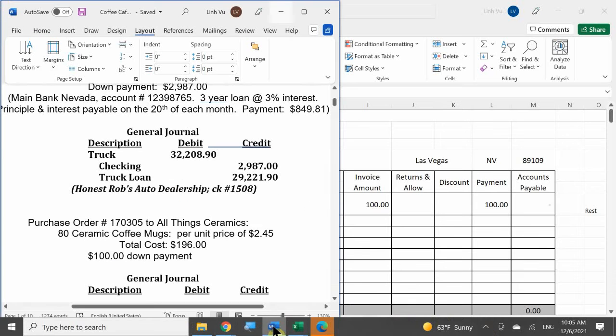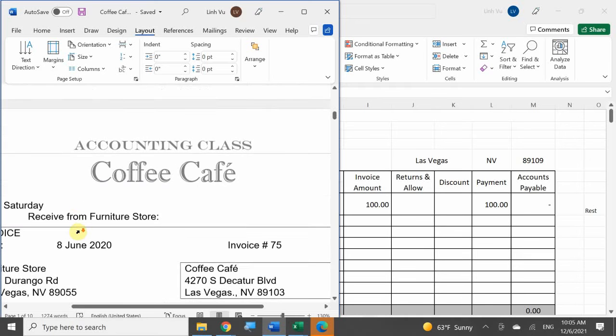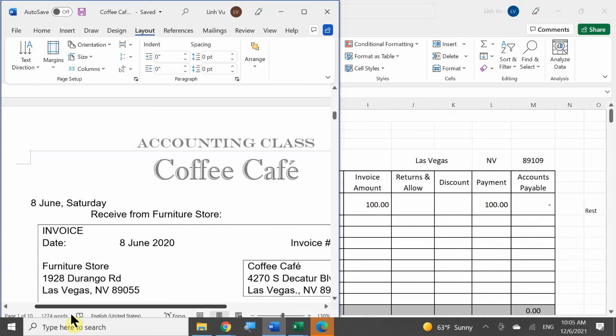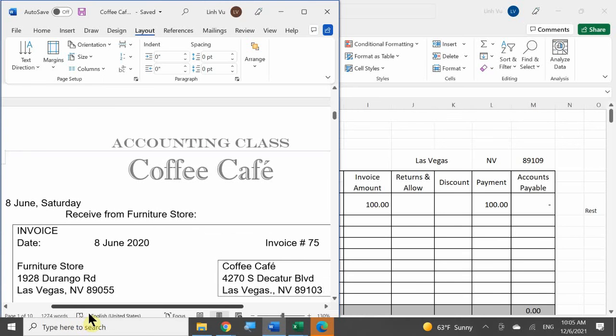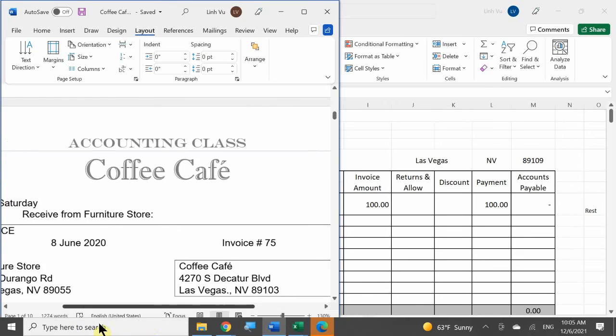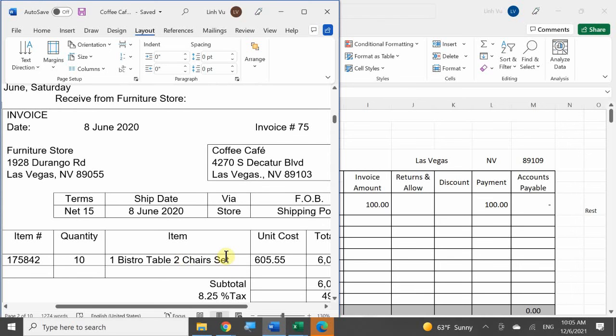So then let's see what has happened next. Okay, we're still on June 8th, Saturday. We finally received something from the furniture store for invoice number 75, and it's for the 10 sets of 1 bistro table and 2 chairs.